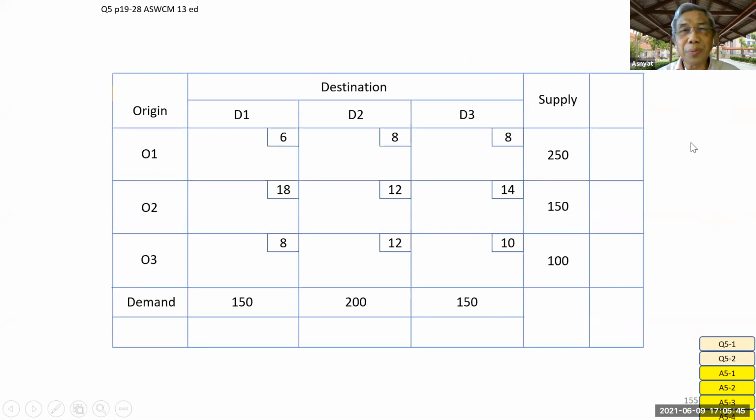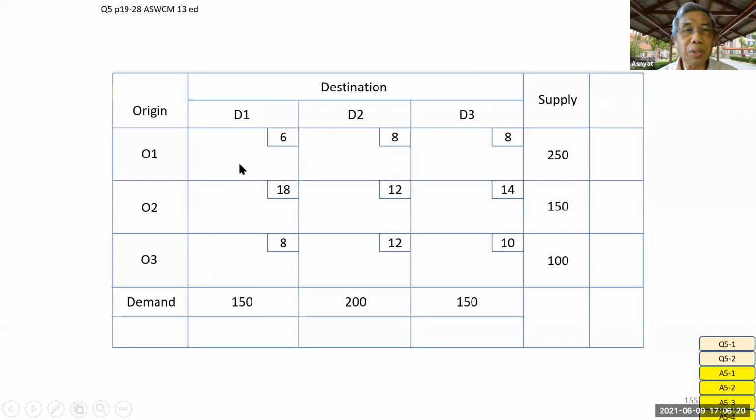Look at the cost, then look at the minimum cost first. What's the minimum cost amongst all these? 6. 6 is the minimum cost, and origin 1 can supply 250, and destination 1 requires 150. So we are going to use the minimum cost first.